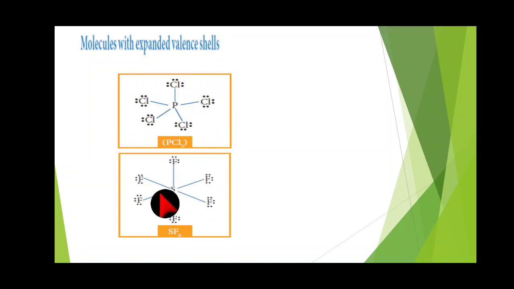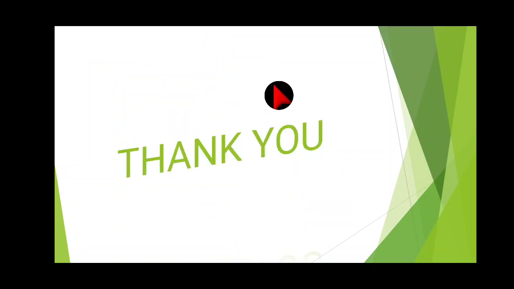Likewise, sulfur, around the sulfur, how many bonds? 1, 2, 3, 4, 5, 6. 12 electrons, so more than 8. So these two structures do not obey the octet rule. So these molecules come under molecules with expanded valence. Okay, thank you.